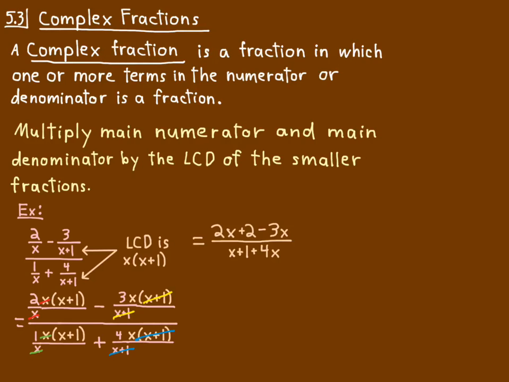And I just multiplied the 2 times x, 2 times 1 to get 2x plus 2. Because I know I need to combine it with this other thing here. And this is minus, be careful, minus is minus 3x. Then I have to combine these 2. And on the denominator, x plus 1, right?